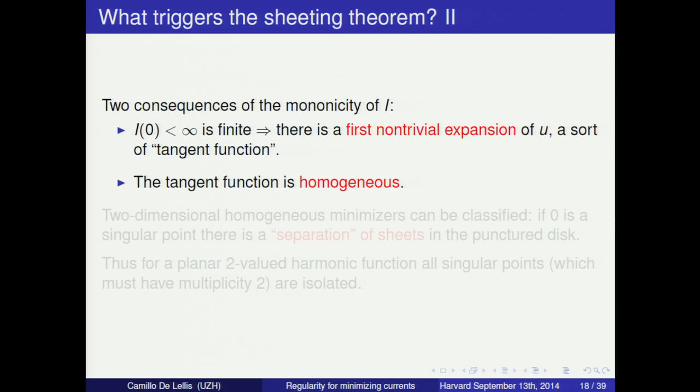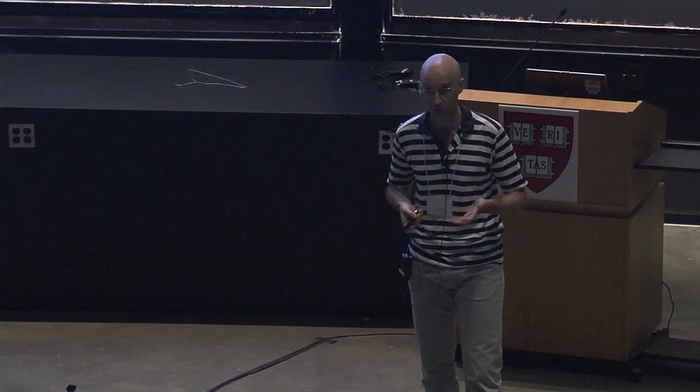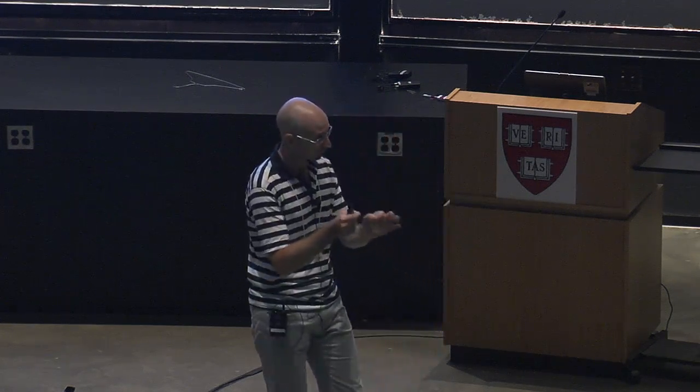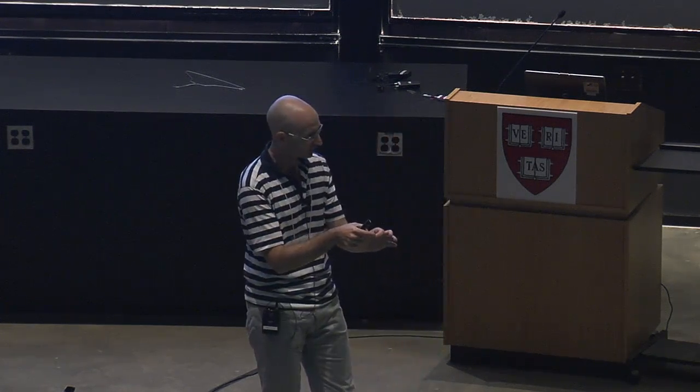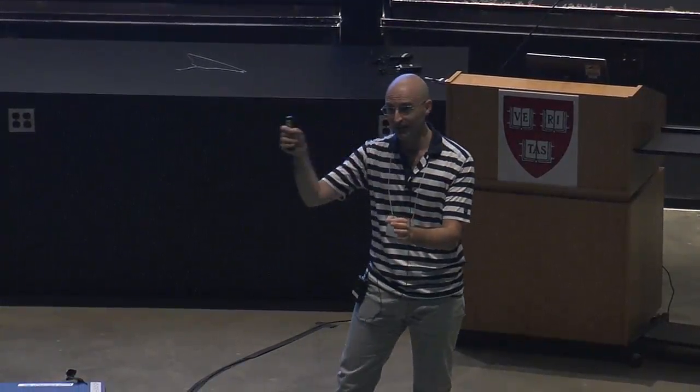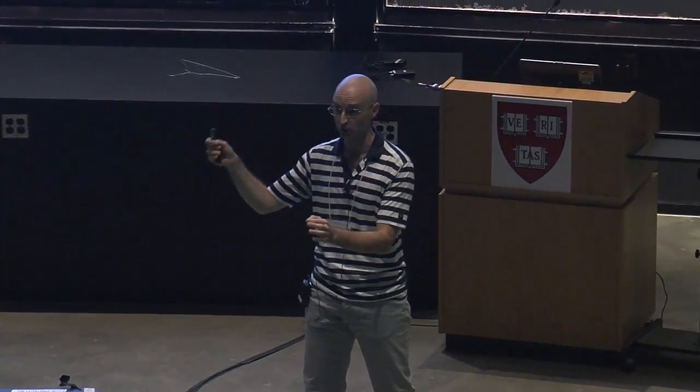Okay, so now when you do it for the classical functions, you just get the first non-trivial term in the Taylor expansion. It's not interesting. But when you do it for multiple valued functions, you actually discover that you have a model for your function at that point. And the model is giving you a first approximation with a function which is homogeneous.